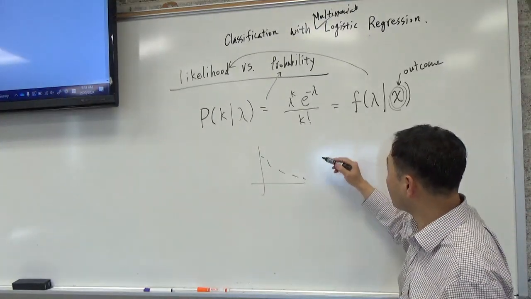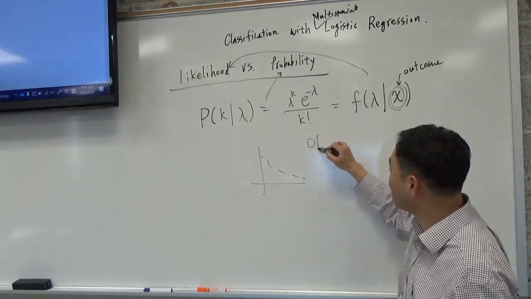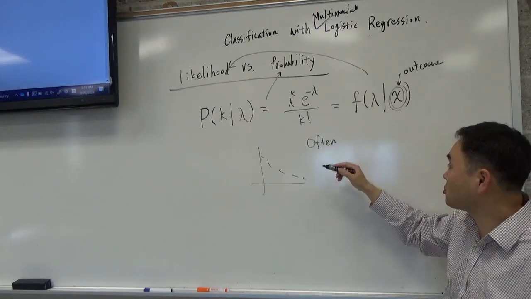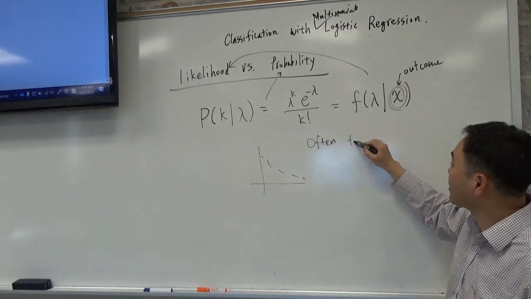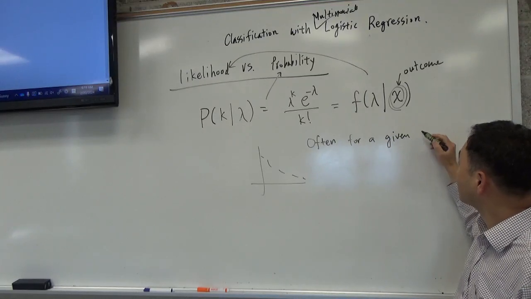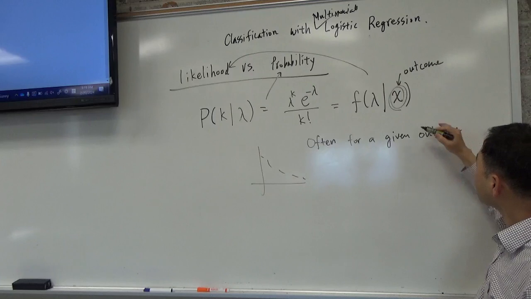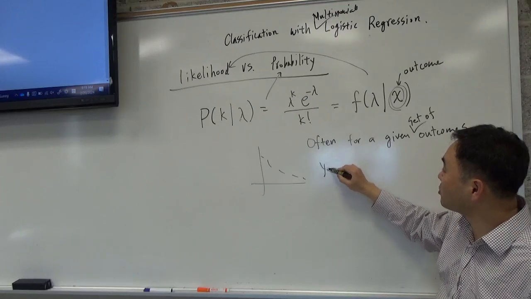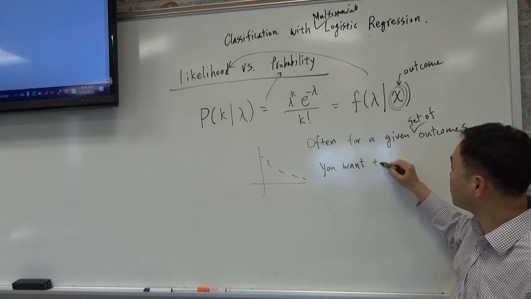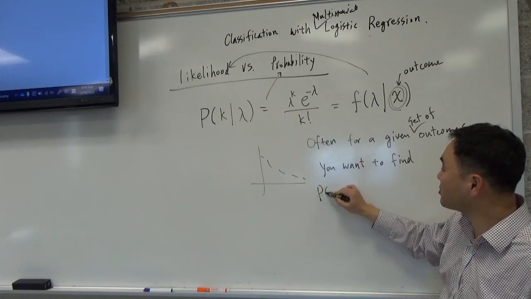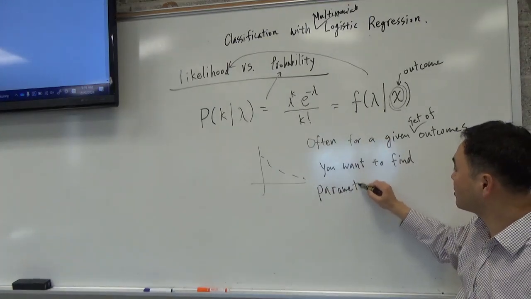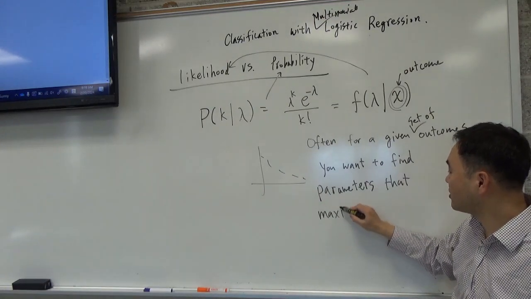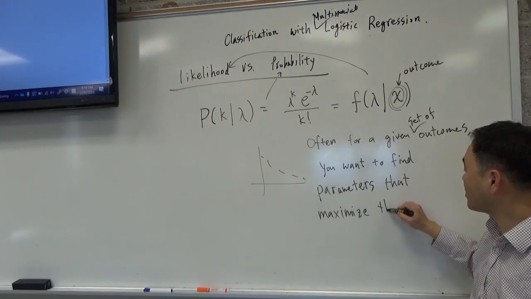So what you want is, let me just write it down. It might take a while for you to actually understand what I'm saying, or maybe multiple tries. So often, for a given outcome, or set of outcomes, you want to find parameters, like the lambda here, that maximize the likelihood function.